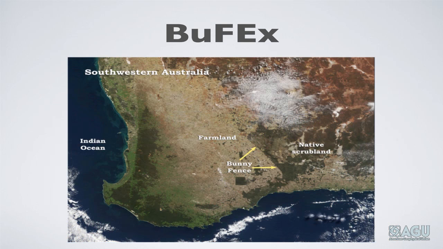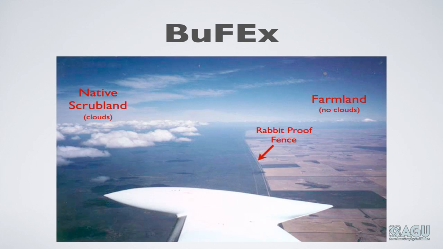And there were clouds forming over the natural shrubland, but not over the farmland. And the farmers kept thinking, well, if the clouds are over there, we want our farmland over there. So let's push the bunny fence out, and then we'll get to the clouds, and then it'll water our crops better.